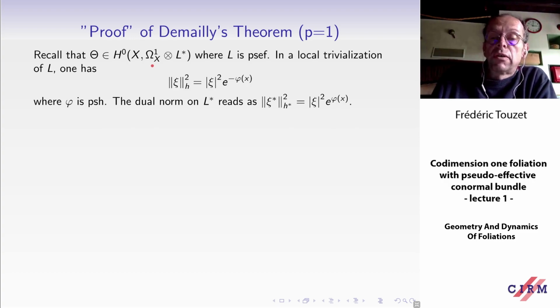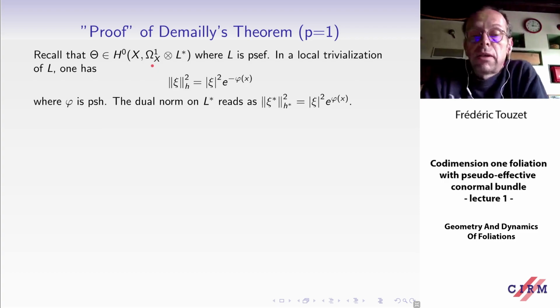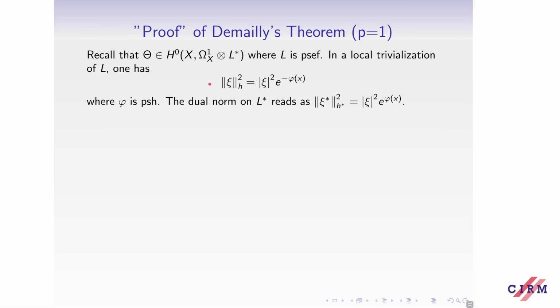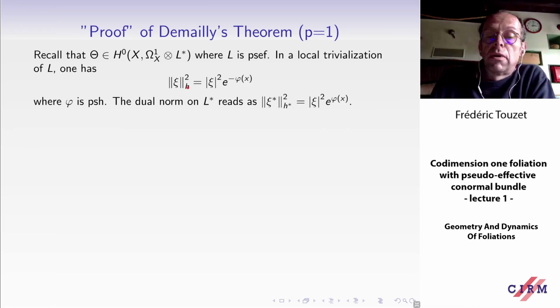in trivializing charts, consider local sections xi of L, and the norm with respect to the metric of these local sections reads as the modulus of xi squared times exponential of minus phi of x, where phi is plurisubharmonic, and it corresponds to the assumption of pseudo-effectivity.